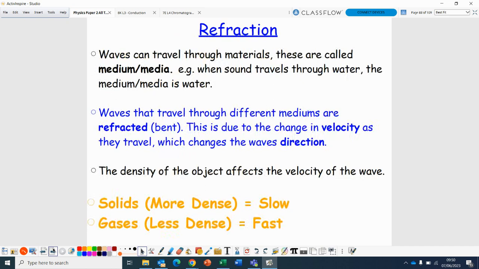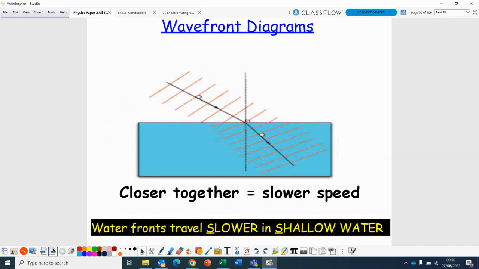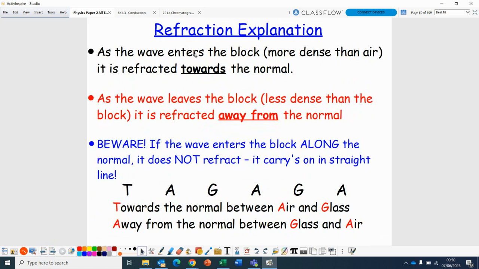Refraction happens because light has travelled into a different medium, so it changes its velocity and its direction. The opposite to sound, when solids have light going through them, the light travels slowly because it's more dense, and in gases it travels more quickly. When you enter the block, the light will go towards the normal, making the refraction angle smaller than the incident angle.